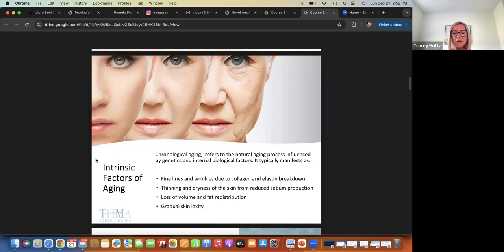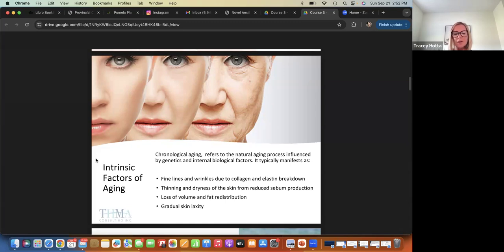Intrinsic factors of aging. Basically, this is just chronological aging. It happens to everybody. It's the biological clock. The skin is going to do different things as we age. It refers to the natural aging process, and it's influenced by genetics and internal biological factors.